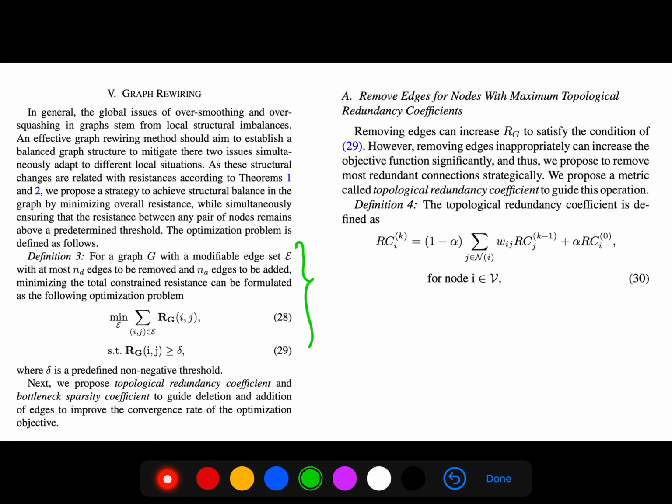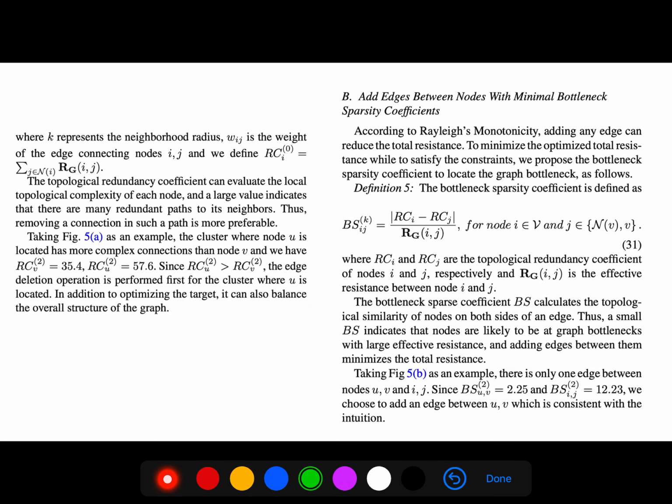So we propose the topological redundancy coefficient and the bottleneck sparsity coefficient to guide deletion and addition of edges to improve the convergence rate of the optimization function. So the topological redundancy coefficient is this. And we add edges between nodes with minimal bottleneck sparsity coefficients.